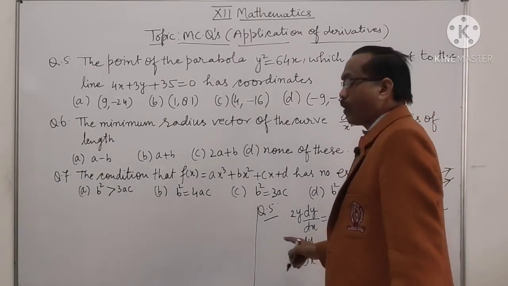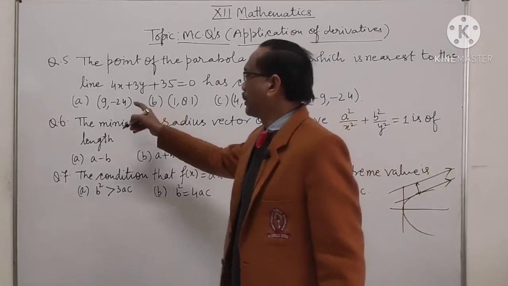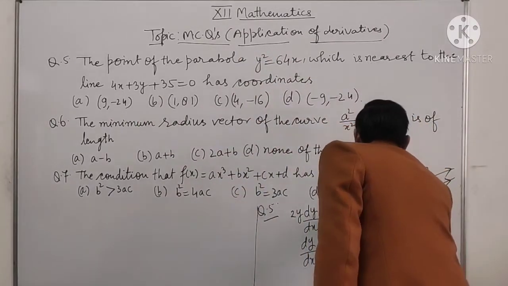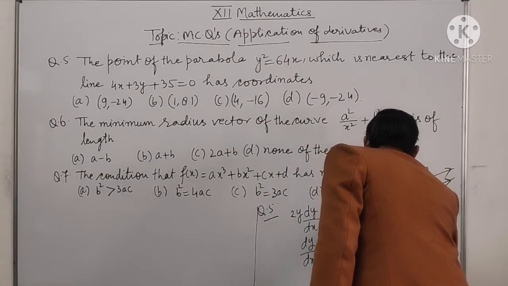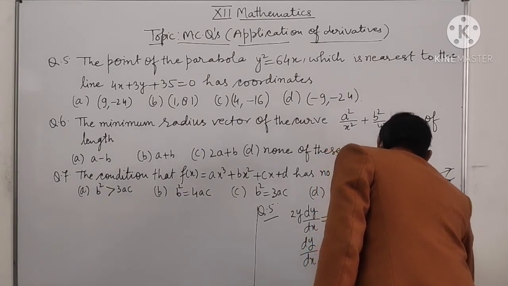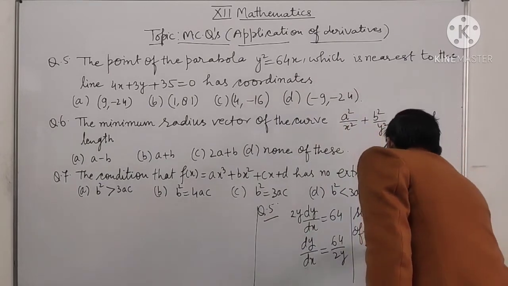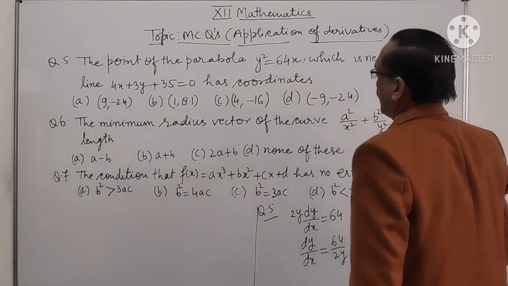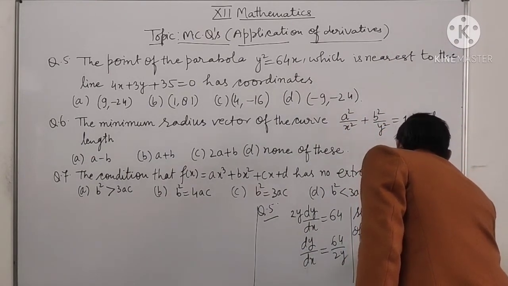Therefore, slope of tangent equals the slope of the line. Let us find the slope of the line. It is m = -a/b, so it is -4/3.